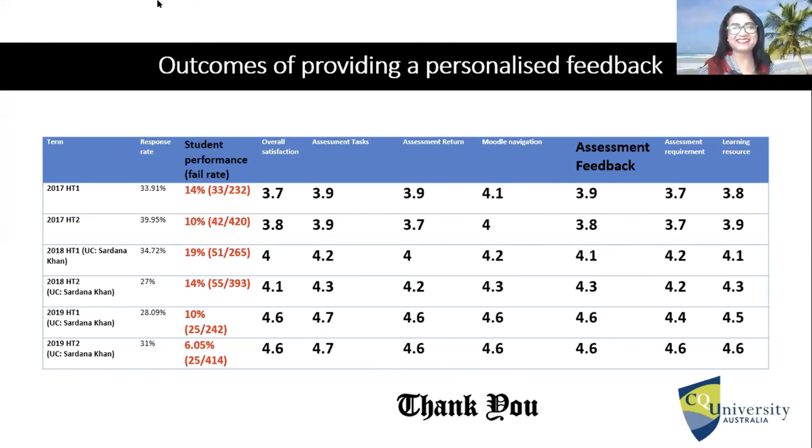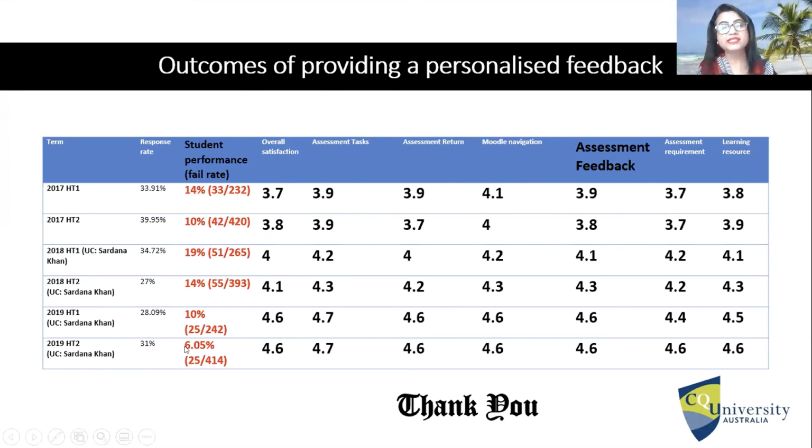Now, this is my last slide, and this is about the improvement we have observed in different feedback. So as you can see, before I took over the unit, this was the performance in 2017. So it was in a bit of a troubled situation. But then when I took over in 2018, the first one was not so bad, but gradually as you go down, in T2, term 2, 2019, the fail rate or success rate of the unit has gone much better.